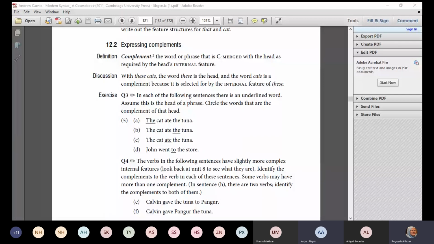Give an example. Like what you said, since ate or eat or eaten is a transitive verb, and it needs to have a complement, so it cannot be a constituent.